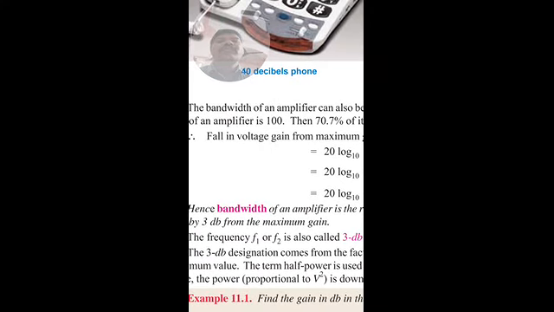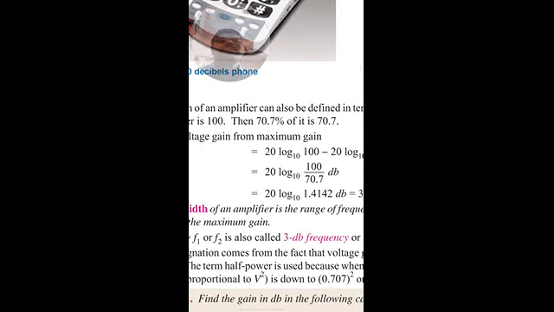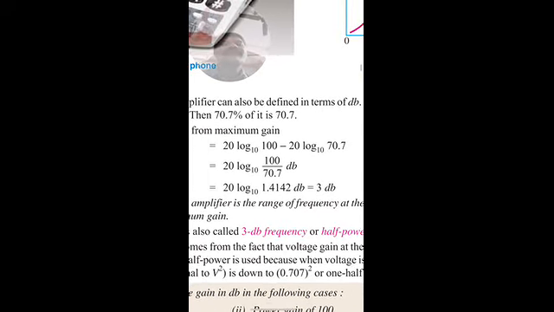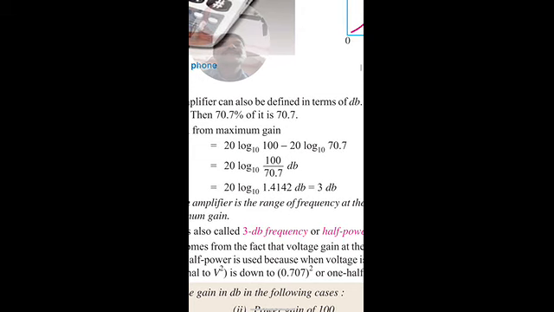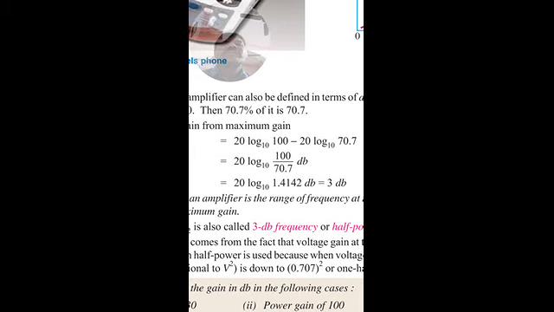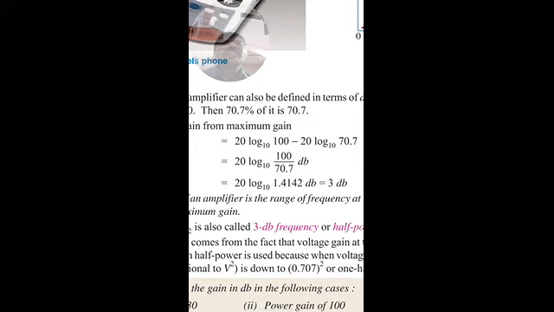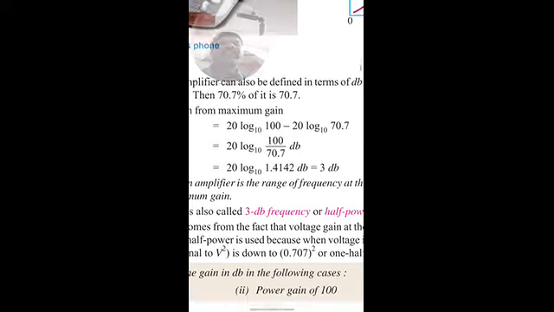So the fall in voltage gain from the maximum gain is 20 log of 100 minus 20 log of 70.7, so we can write 20 log of 100 by 70.7 to the base 10, which is 20 log of 1.414 to the base 10, and that becomes 3 dB.